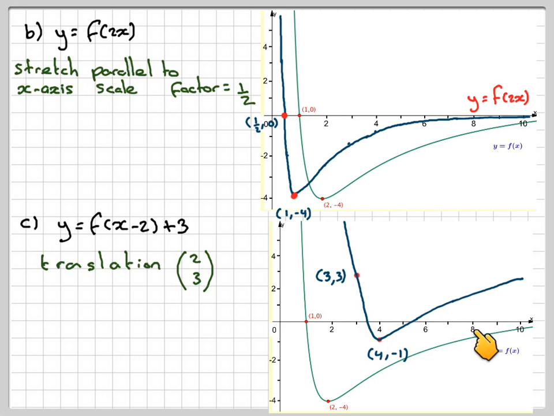This point here will also move 2 along and 3 up, to get the end point. Remember, these are only sketches. So that's y = f(x - 2) + 3.